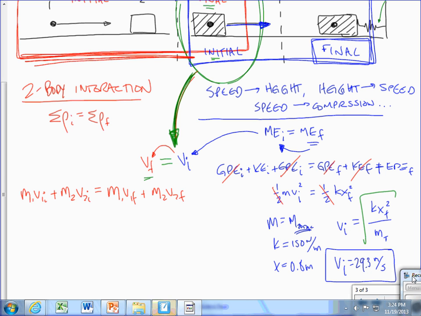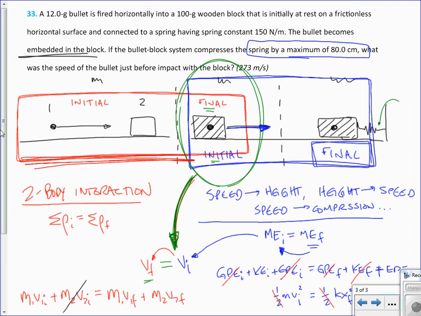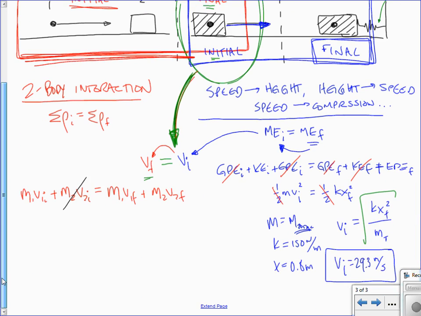Now, initially, and when I say initially, I mean initially here in our two-body interaction part, the second block isn't moving.